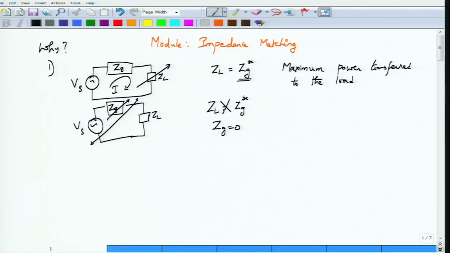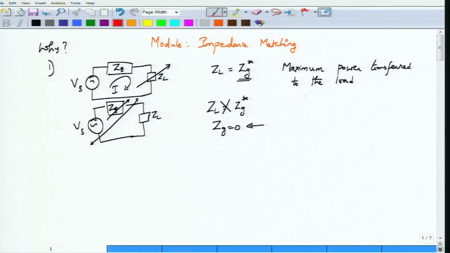So this is not the condition that would maximize the power transfer to the load, but Zg equal to 0 would actually correspond to the maximum power transfer, because simply there is no drop across Zg. So this aspect of maximum power transfer should be emphasized.